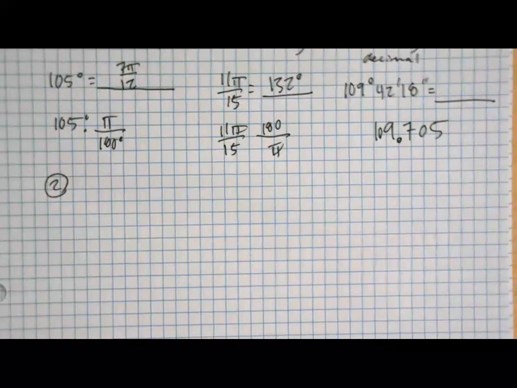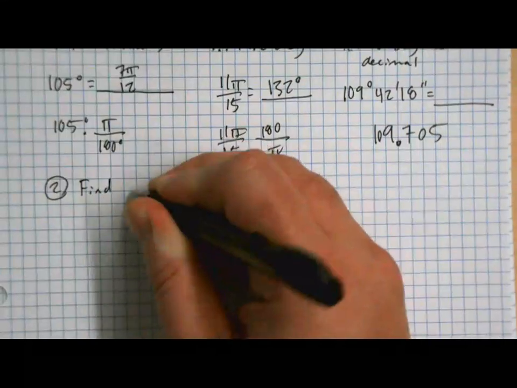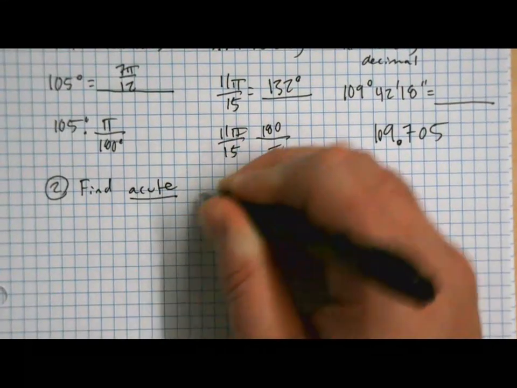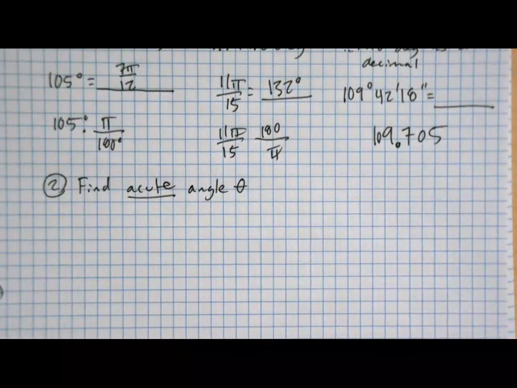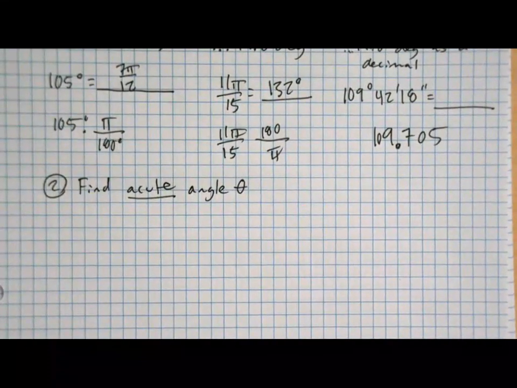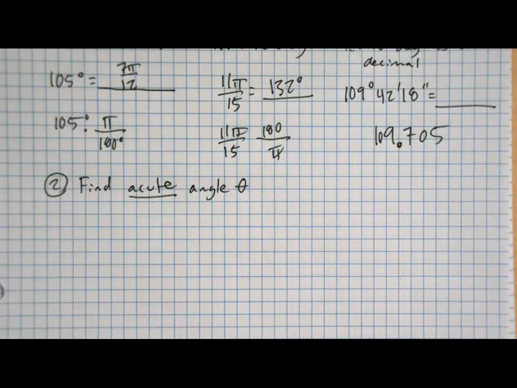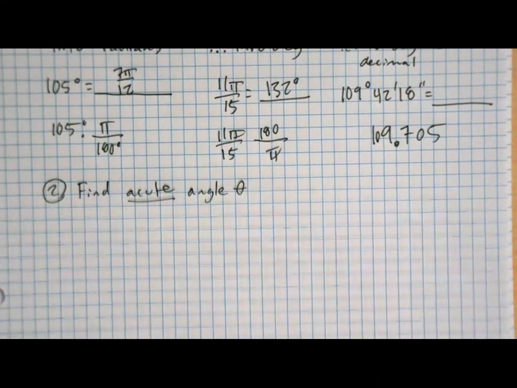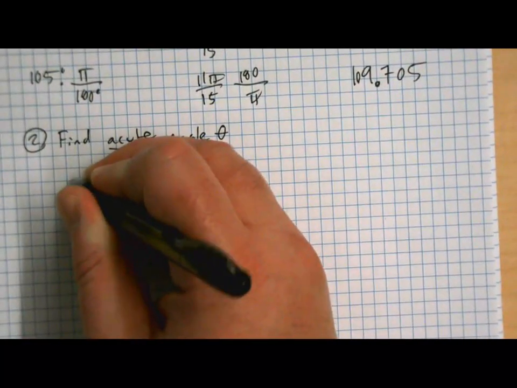The instructions in number 2 say find an acute angle, and acute is underlined. It does say to draw a reference triangle and simplify. There are 2 of these.